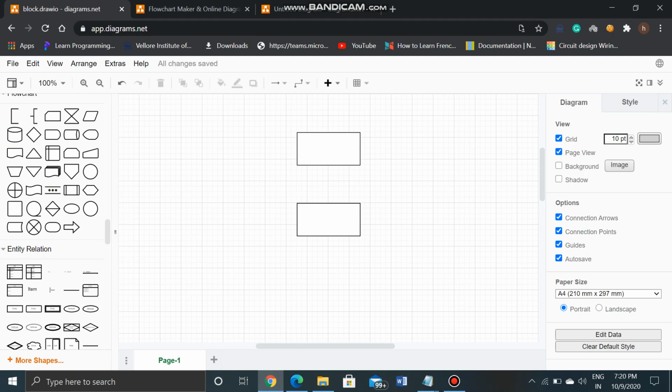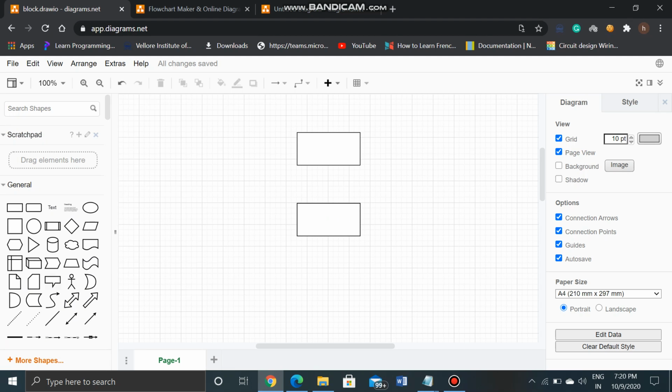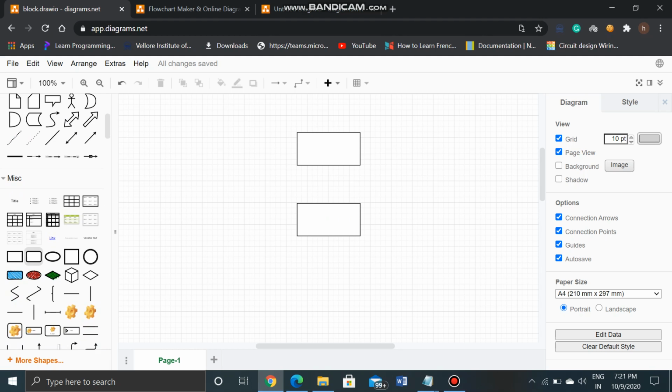This draw.io website consists of some basic components like rectangle, circle, triangle, cylinder, and the lines and arrow marks which you need.